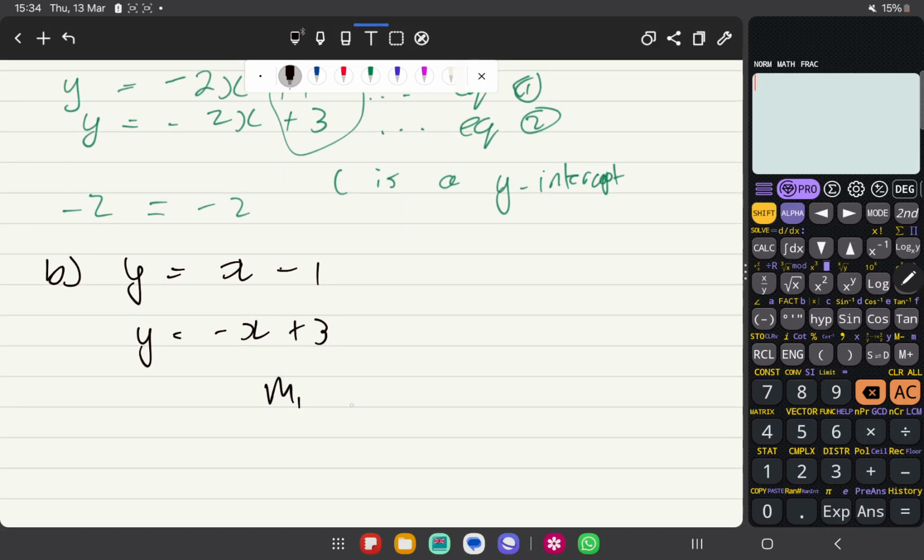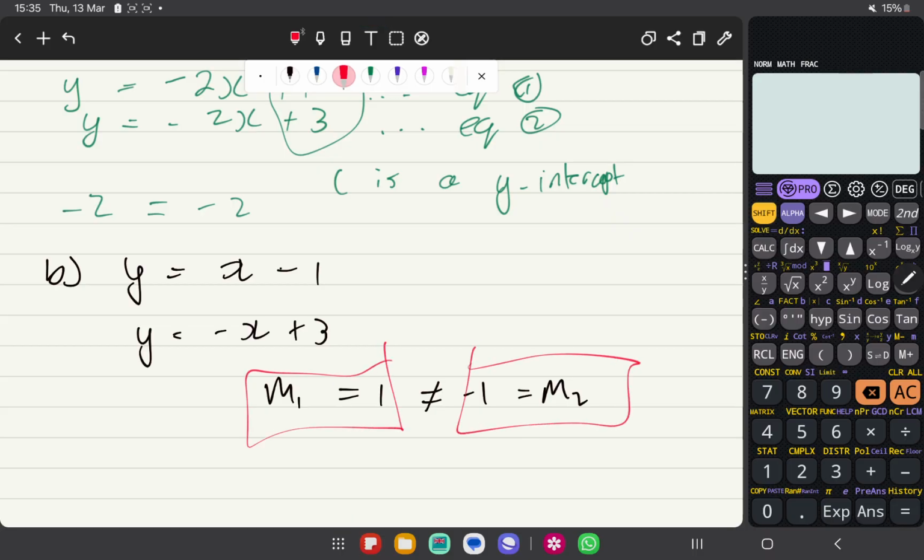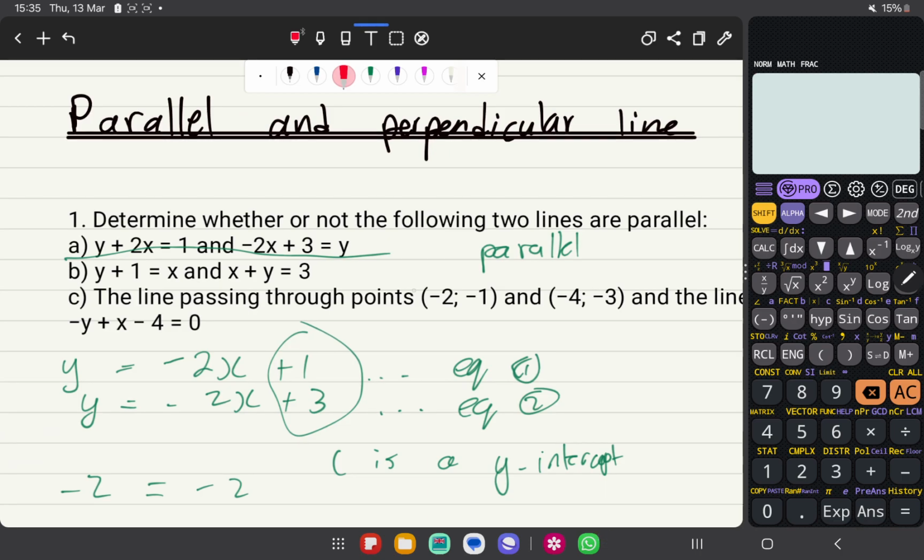The gradient of 1 is 1, which is not equal to minus 1, which is m2. Something complicated, but what you can just get is that m1 is not equal to m2, so not parallel.